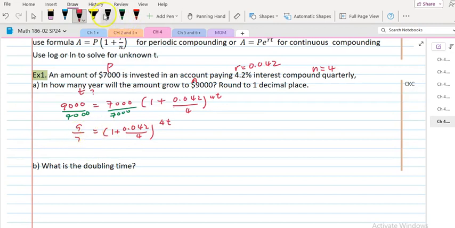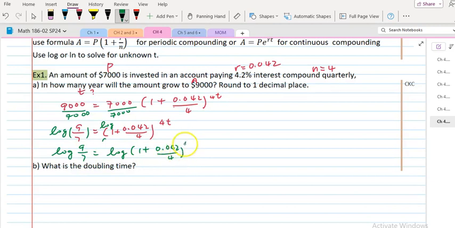So we'll do ln, we'll do log. Add log to both sides. After that, we'll have log of 9 over 7 equal to log of (1 plus 0.042 over 4) to the power 4t.